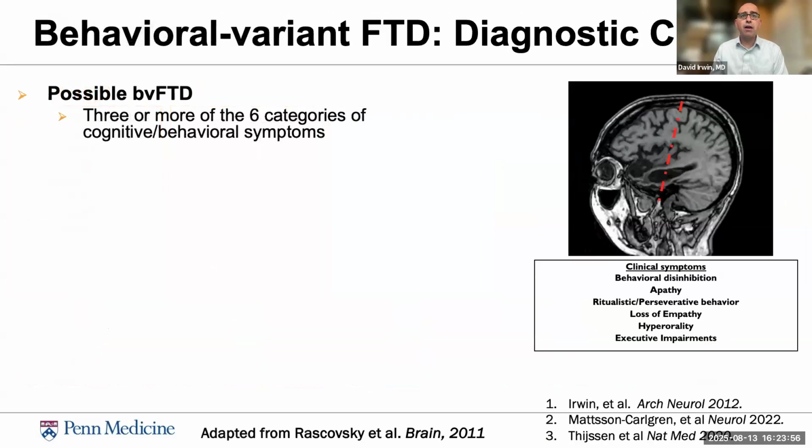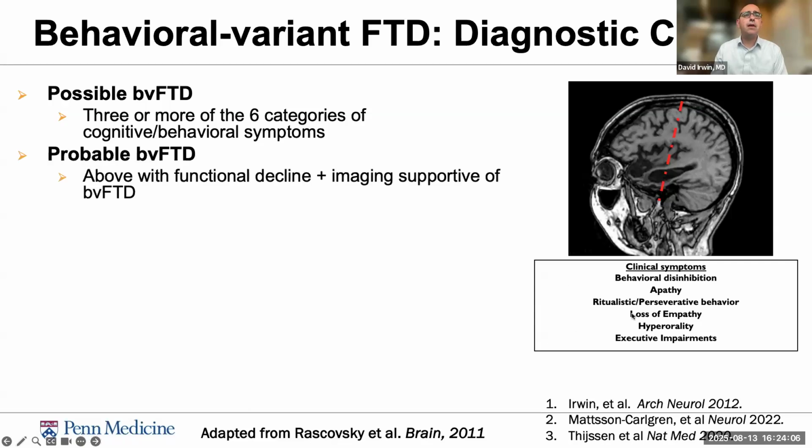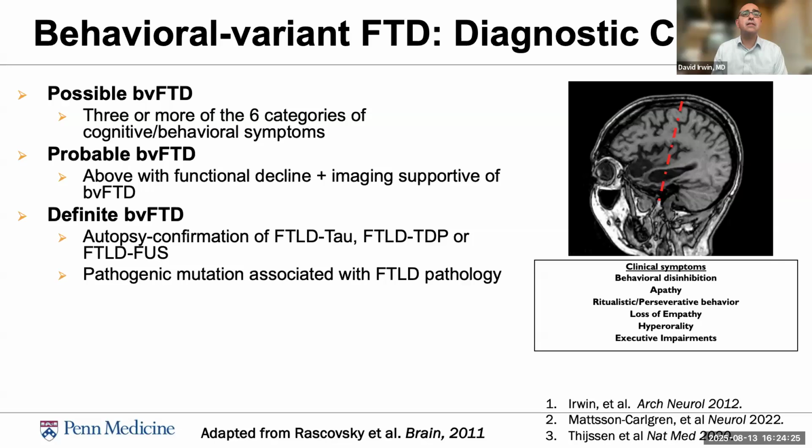So as we apply our FTD criteria, possible behavioral variant FTD requires 3 or more of the 6 categories that we reviewed and are listed here in the box. Probable bvFTD is an increased level of certainty, and that's when we have evidence of functional decline to help establish that it's progressive, and also imaging as illustrated here that's supportive of the diagnosis and helps differentiate from other neurodegenerative disorders or psychiatric disease.